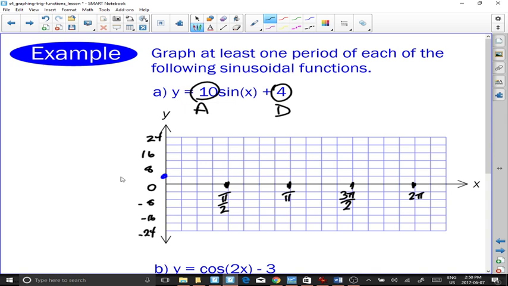Now we have a scale on both the x and the y axis. Half pi or pi over 2 is our first point on the x-axis. 1 whole pi comes at 8 grid squares. 3 pi over 2 is at 12 grid squares, and 2 pi is at 16 grid squares.